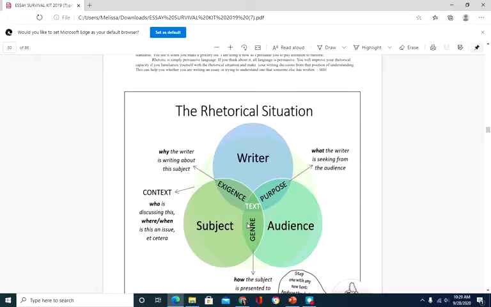Also, we need to know a little bit about the background of the writer. We need to know what their experience and expertise is. We need to know what the subject of the text is. We need to know what the purpose of the text is, what the exigence or urgency of the text is, what the genre is. This is really important to me. If you are writing about an essay, don't call it a short story or a novel.